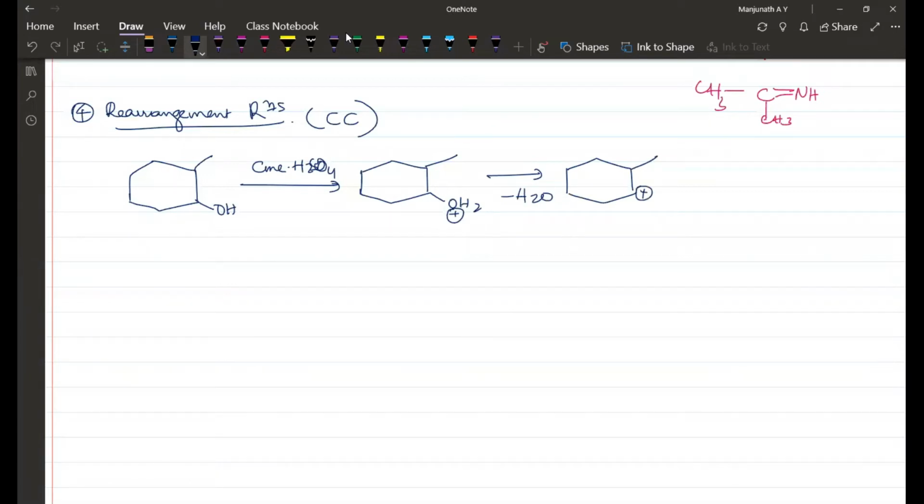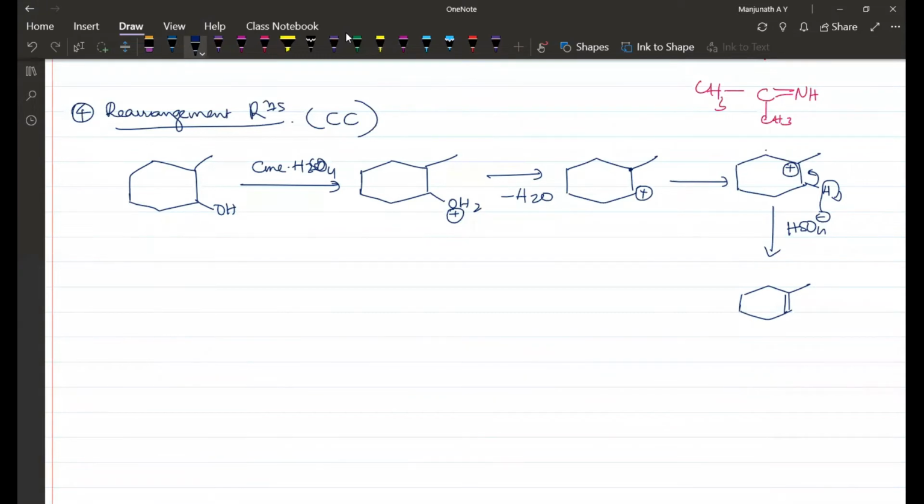Now this carbocation is not very stable, so there is a hydride shift from this carbon to this carbon, resulting in a tertiary carbocation. From this, you have two alpha hydrogens. One of them will be removed by the base, that is HSO4 minus. So I am removing hydrogen from here, and this bond will collapse, resulting in formation of this particular compound.